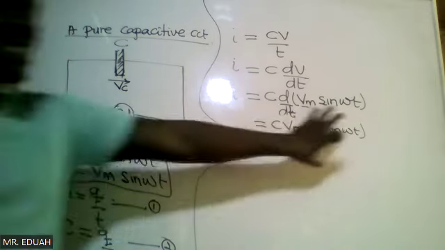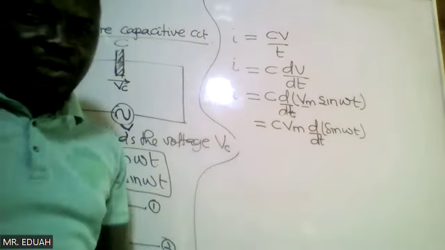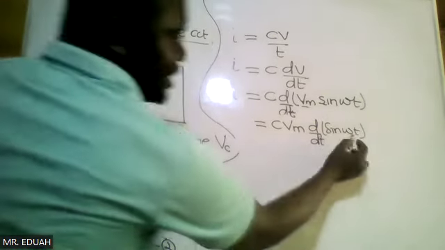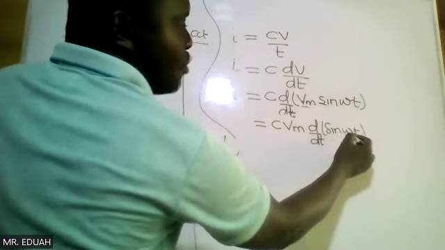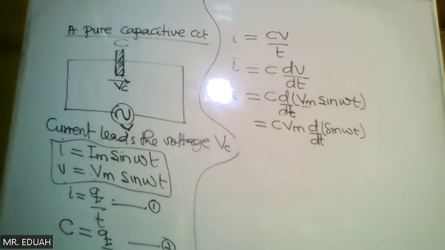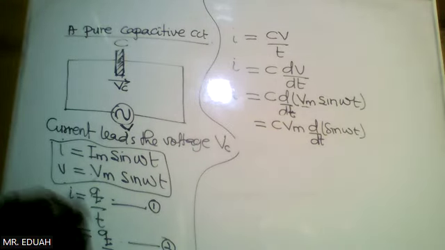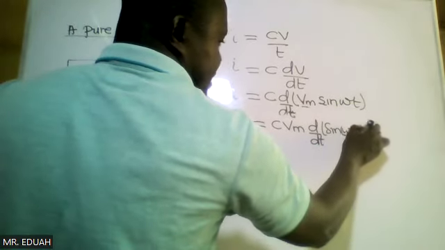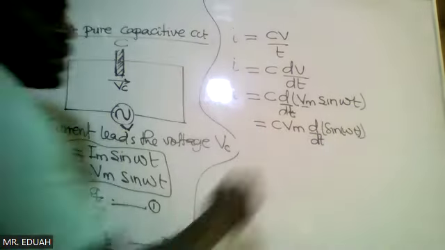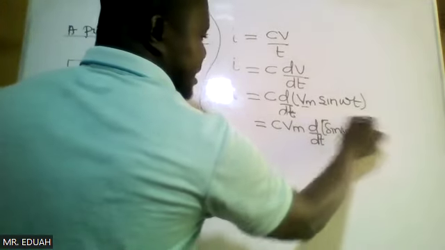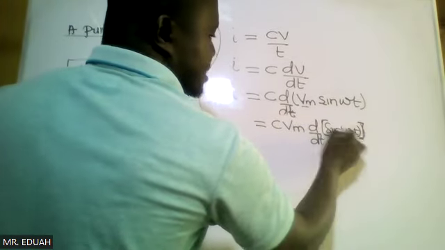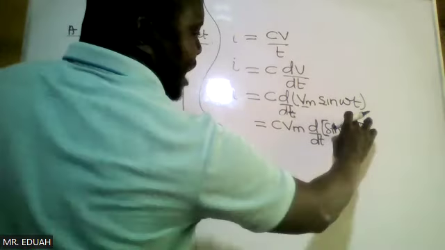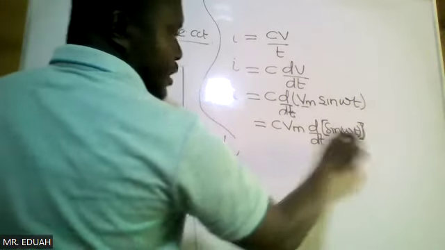But this is a function of a function. We have omega t within sine. So you need to differentiate this small function with respect to time. When you finish, you differentiate the mother function sine omega t with respect to time. That's what I mean. So the differential of the daughter function, okay?